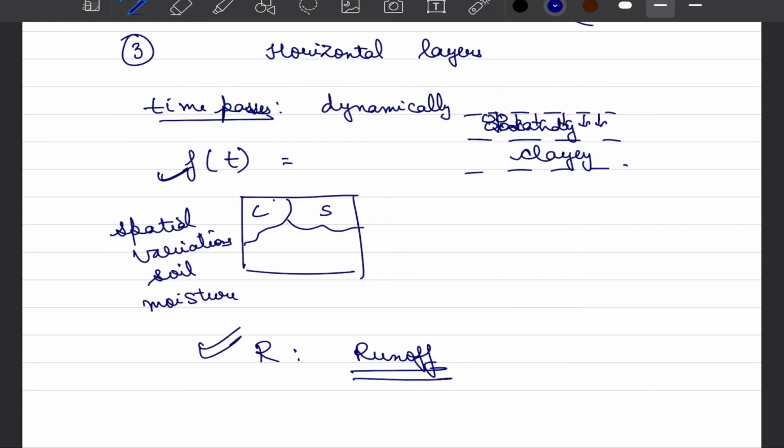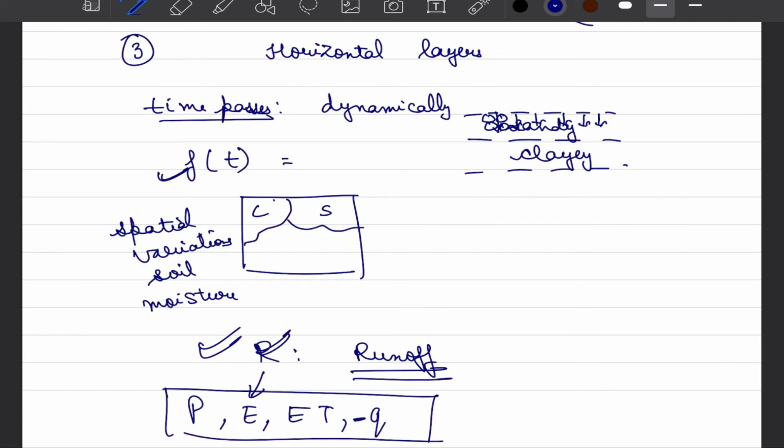We also learned that to estimate R, we need to know precipitation, evaporation, evapotranspiration, and another very important aspect, how water is getting infiltrated, or minus Q going into the soil, which is the flux or discharge per unit area. So to get to R, we need to understand all these parameters.